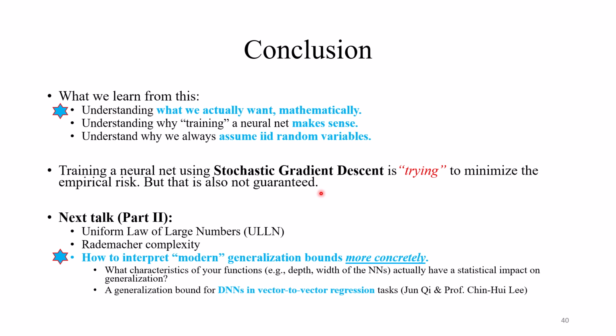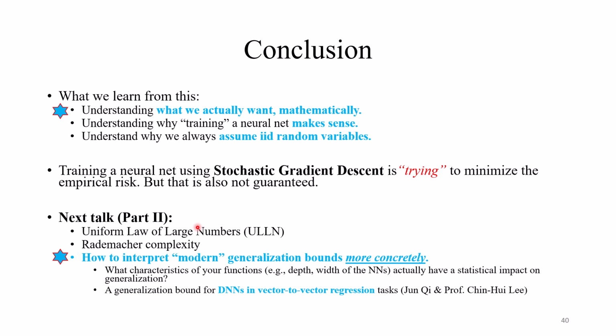So understanding the core arguments and the style of logical deduction is, in my opinion, more important here. But anyway, we can still view stochastic gradient descent as at least attempting to minimize the empirical risk. But that is also not guaranteed because the whole problem is non-convex and very complicated.